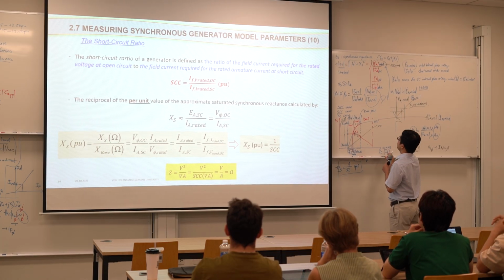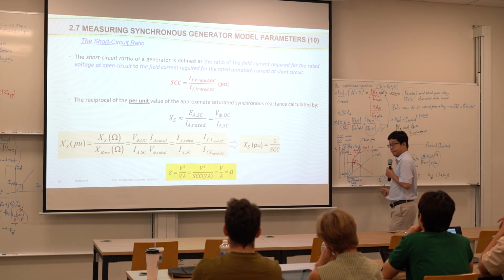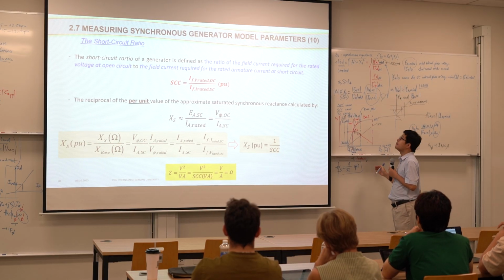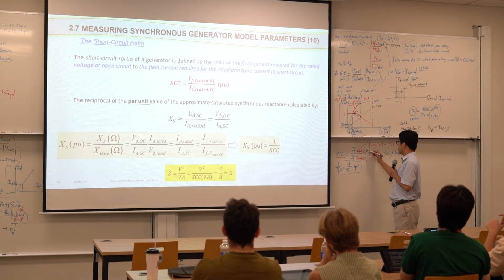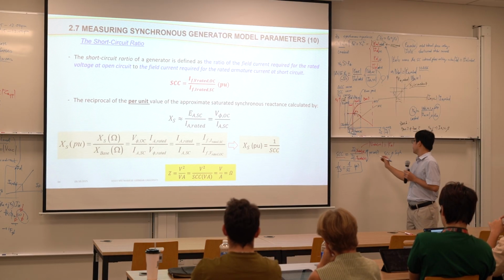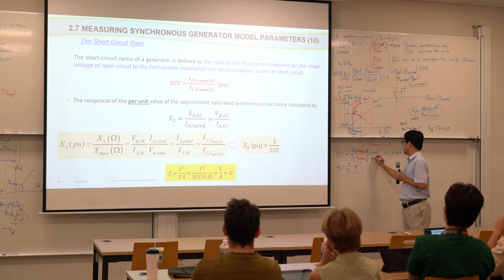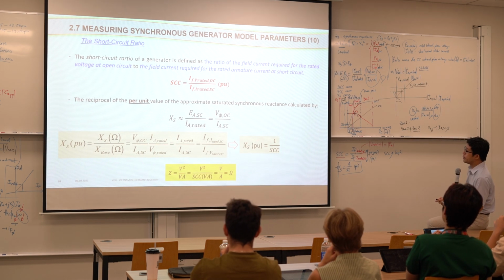But when we apply this ratio, XS is in ohms. This one is per unit. How can we get this one?